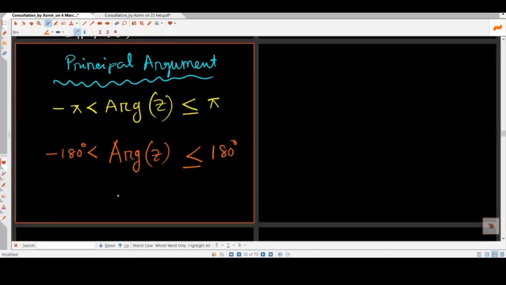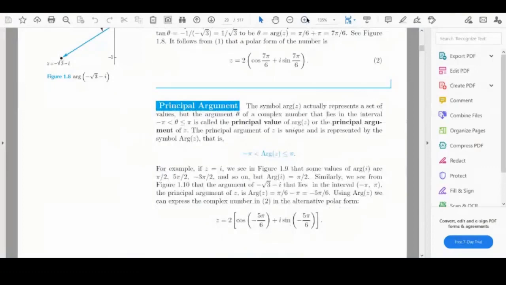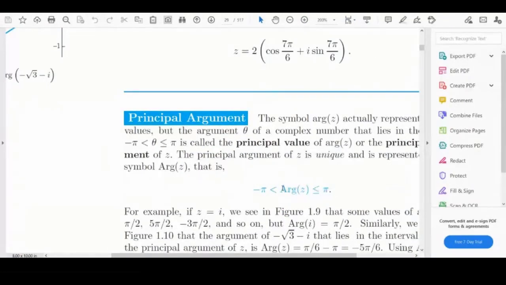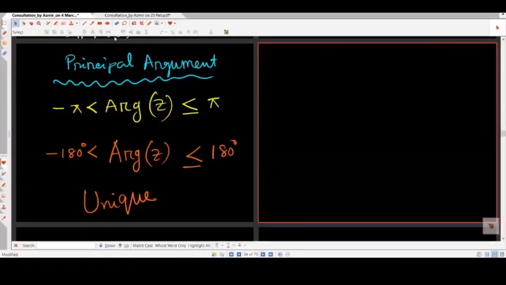So this is the main definition of the principal argument, and the principal argument is always unique. That is, negative pi to positive pi, and it can be equal to pi, and it is denoted by capital letters ARG. There is a difference between argument and principal argument.